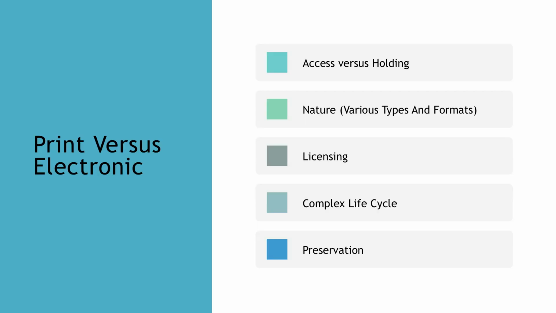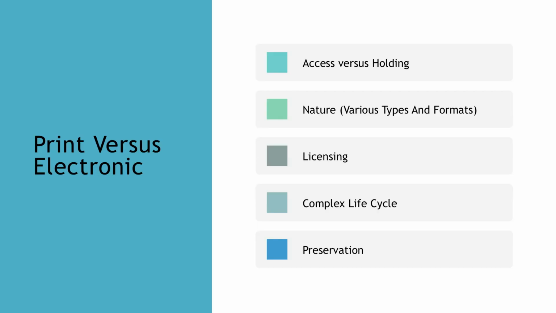Now, the last aspect is the preservation aspect. You see, in case of the print resources, we have a different way of preserving them. We keep them in a particular place, we do many preservation processes in the case of books and other things. But in case of electronic resources, the preservation concept is totally different.